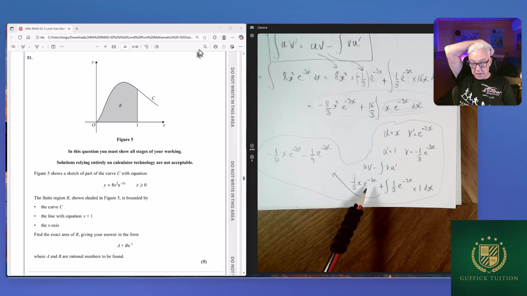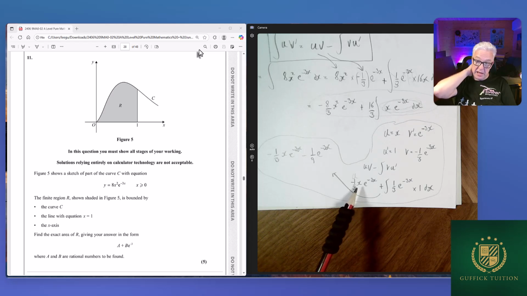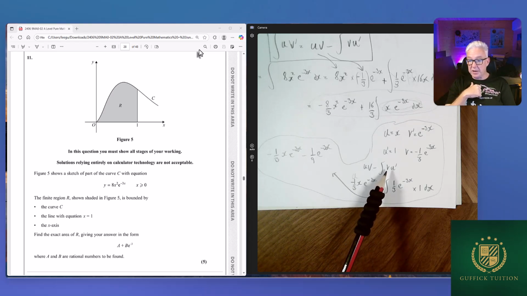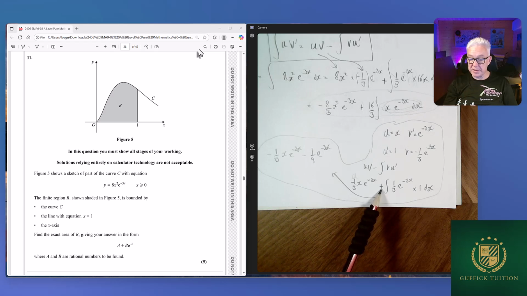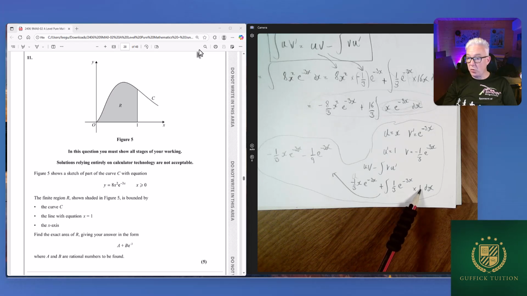That's our u times our v, because our u is x and our v is minus 1/3 e to the minus 3x. And then we're going to have minus v u dashed, but again our v is minus 1/3. So notice that again those two minuses have come together to make a plus here. So we're going to have plus the integral of 1/3 e to the minus 3x, that's our v, and our u dashed is now 1.